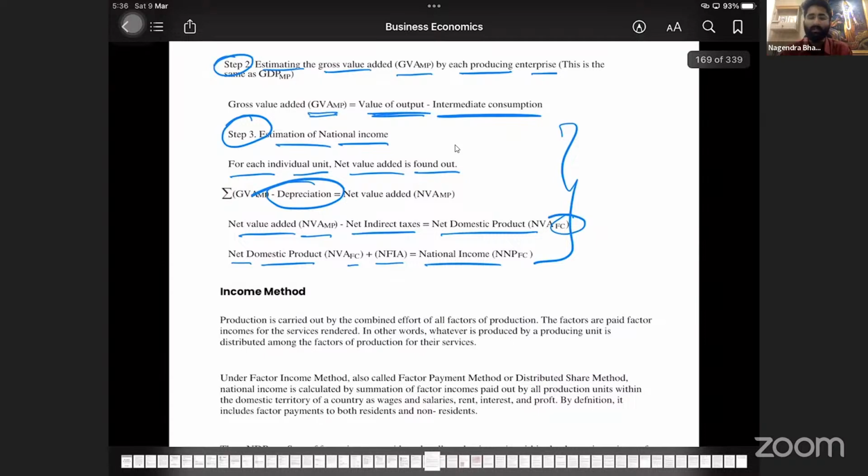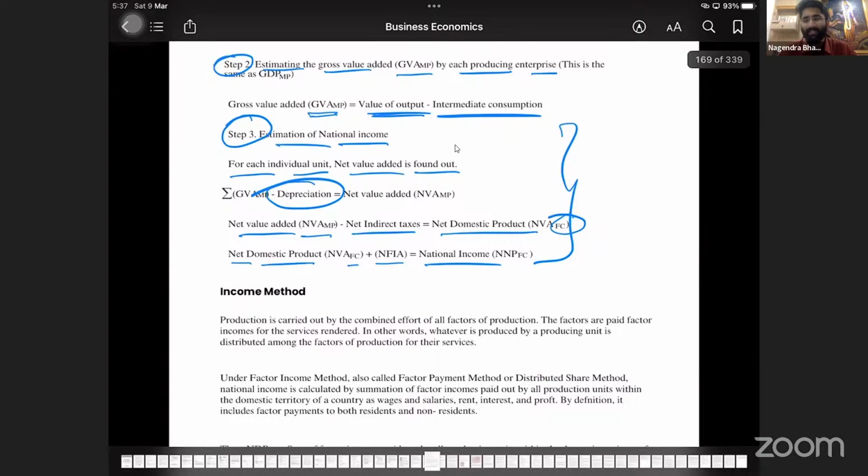Later, we discussed net national product at market price. Sir, how to calculate net national product at market price? Gross national product at market price minus depreciation, or gross domestic product at market price minus depreciation plus NFIA, net factor income from abroad.